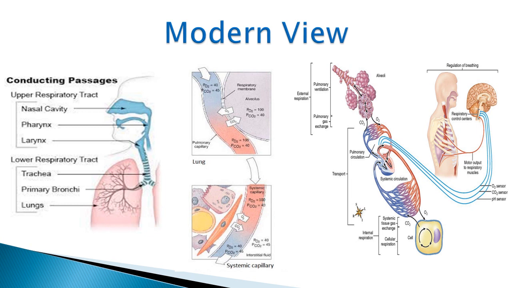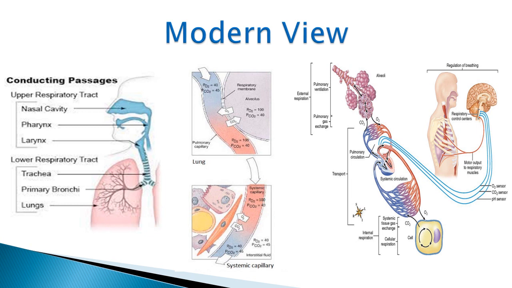They carry that information toward the center present in the brain, especially the medulla and pons. In the medulla and pons there are inspiratory and expiratory nuclei. They receive the information, integrate it, and generate some motor impulse.